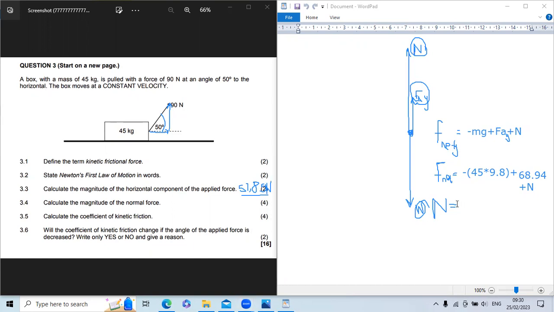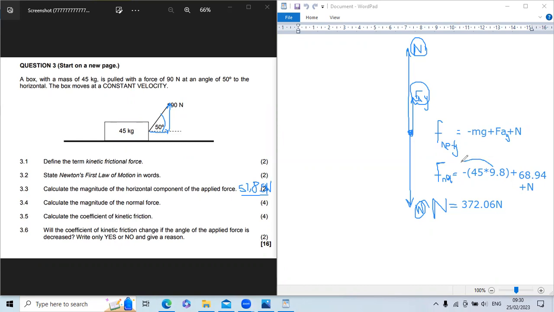Is it negative 372.06? Exactly. So I also got it, but it's negative 372.06 when it's still on the right hand side.